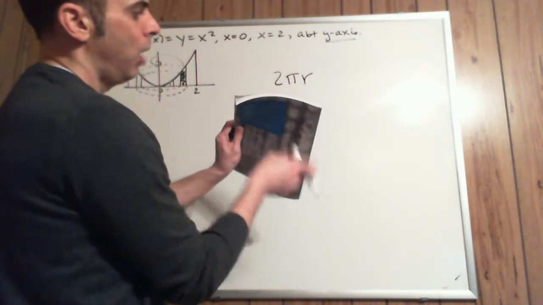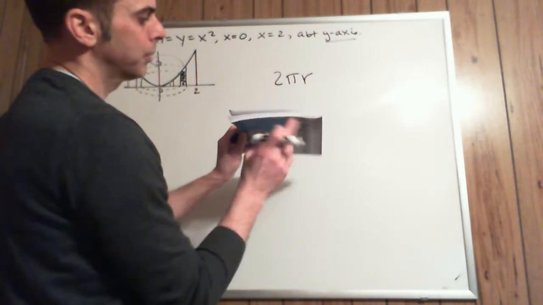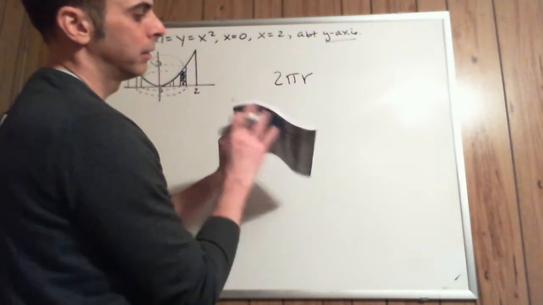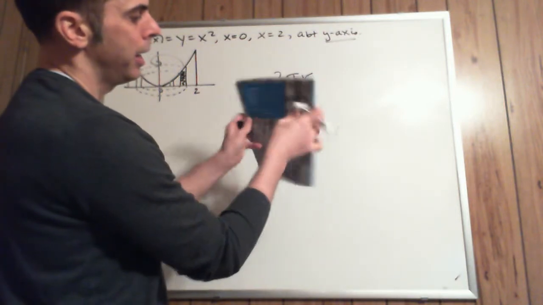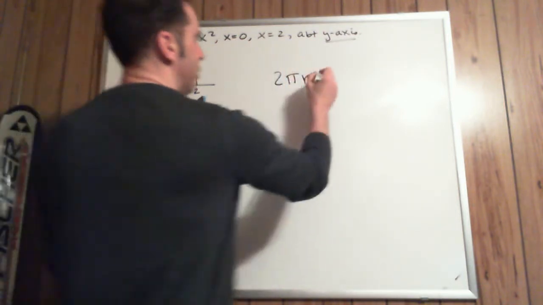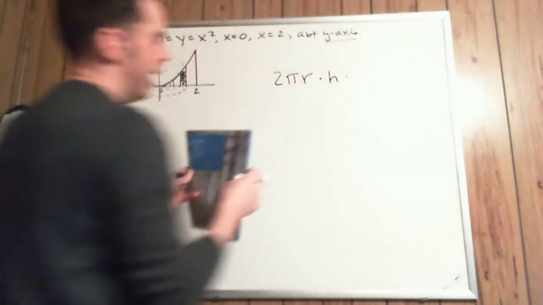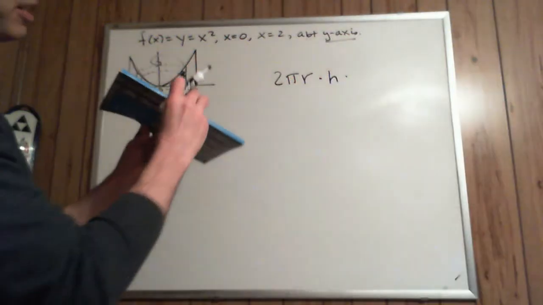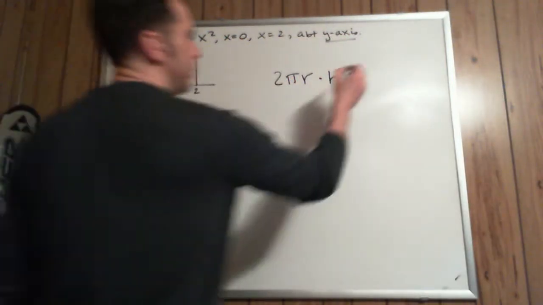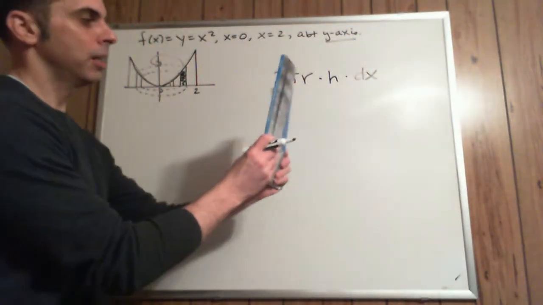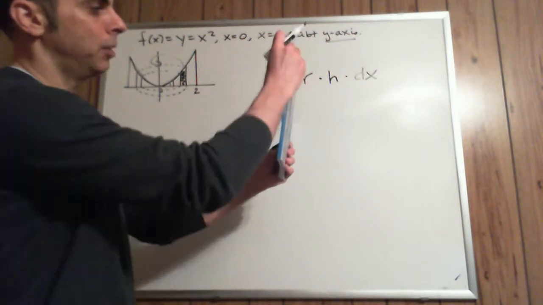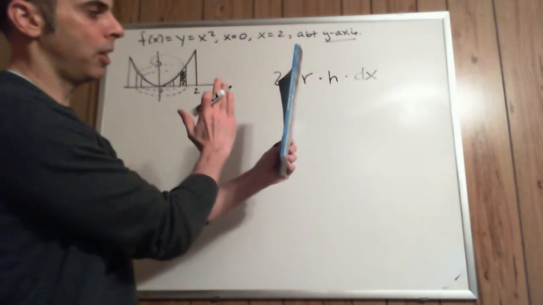What else have I got? Well, of the rectangular prism, this is the height right here. This is 2 pi r, and this would be the height of the rectangle. And then I also got thickness right here. How thick is that? Well, that would be my difference in the x's. So if I put it back here, here's the rectangle parallel to the y-axis out here.